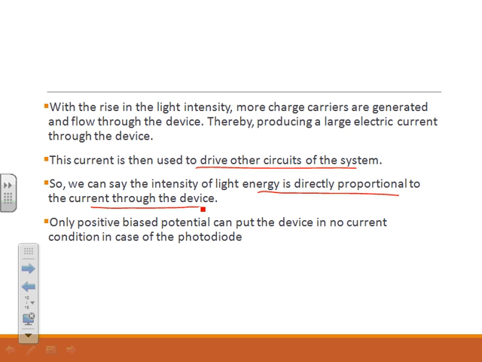Only a positive bias potential can put the device in a no current condition in the case of a photodiode, or by applying a positive biased potential we can turn off the device. So this is the working principle of the photodiode.